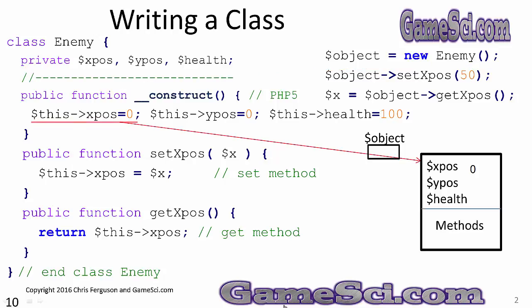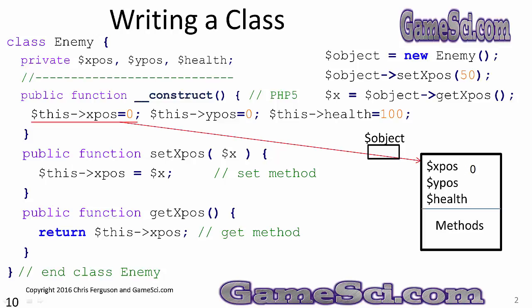As the code executes, you can see what happens. We're going to do $this arrow x position equals 0. Well, what we're accessing here is the $x position variable declared at the top. What we're doing is saying I want the default value of my x position variable to be set to 0, and follow the arrow. See the 0 that goes into the x position variable?